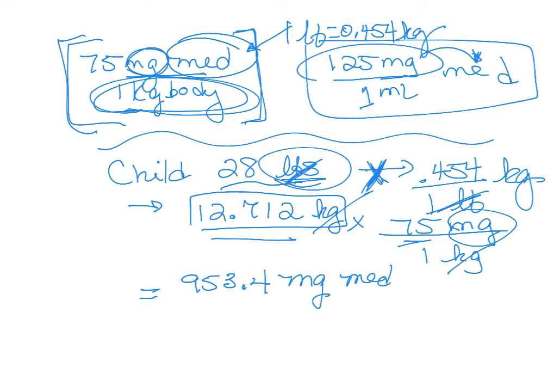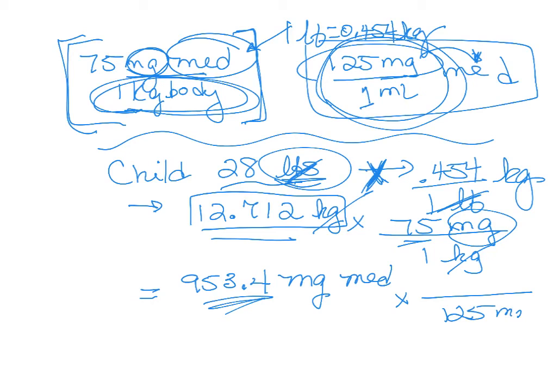Now that we have the milligrams of medicine required, we need to know how many milliliters we take out of this bottle to get this many milligrams. So milligrams has to be on the bottom, so 125 milligrams per 1 milliliter. Milligrams cancel.